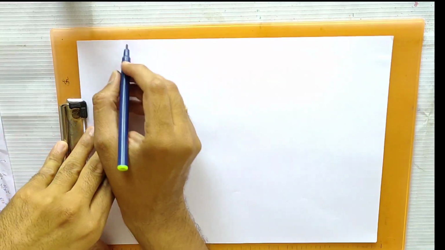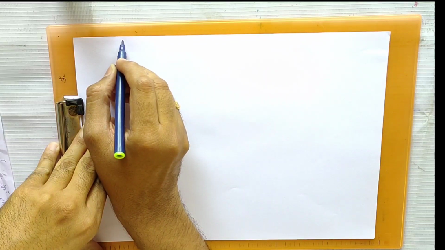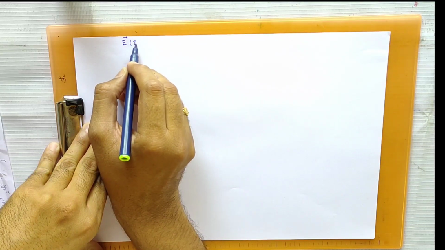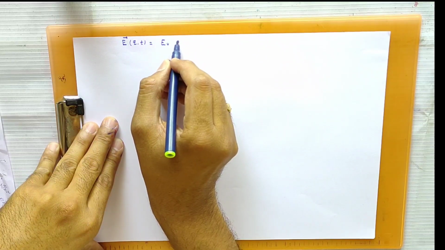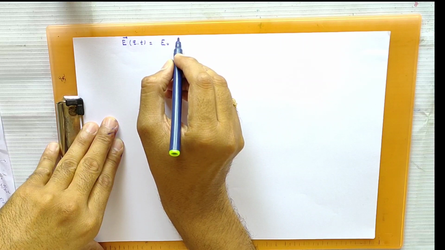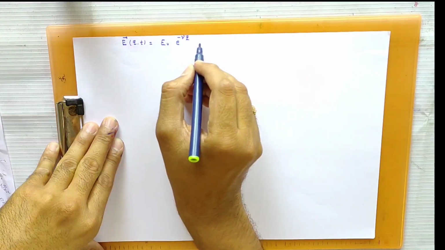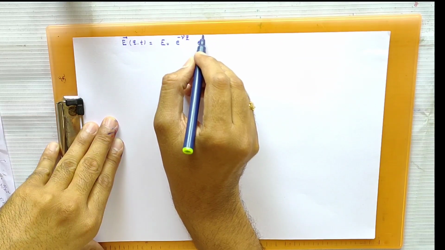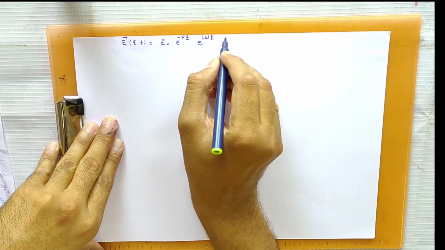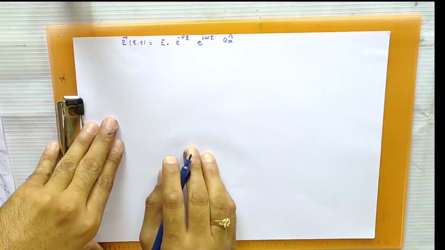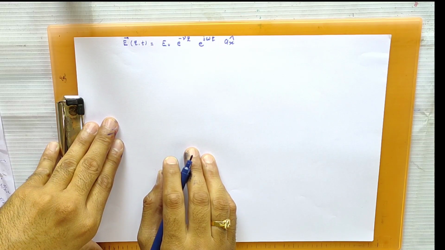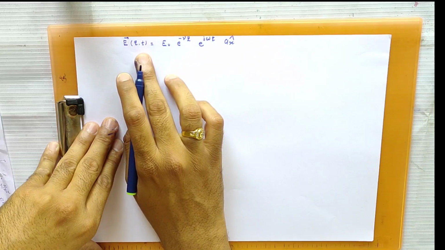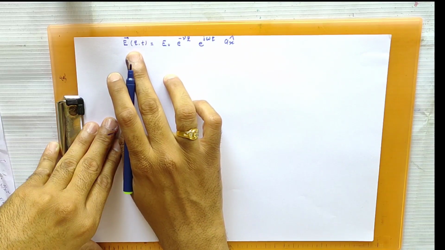So for the electric field, E(z,t) equals E0 e raised to minus gamma z, e raised to j omega t, a_x. This is the equation. But here we have considered the time-average wave, that means our wave does not depend on time, it only depends on space. So this is our assumption.